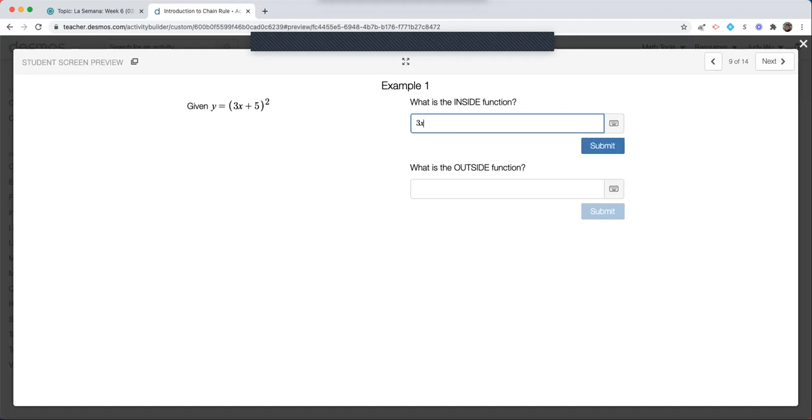So if you type in 3x plus 5 and you're like, yes, I know that that's the inside function, and then you click submit and it said, please try again, you were probably super bummed out, right? You're like, I'm pretty sure this is the right answer. So this is one clarifying thing. It's asking for the inside function.